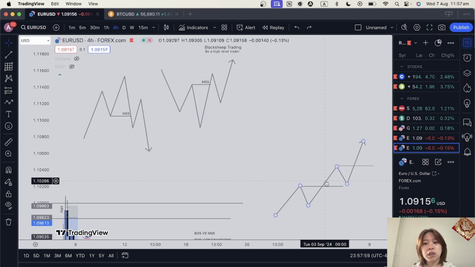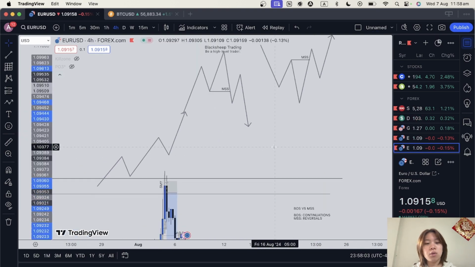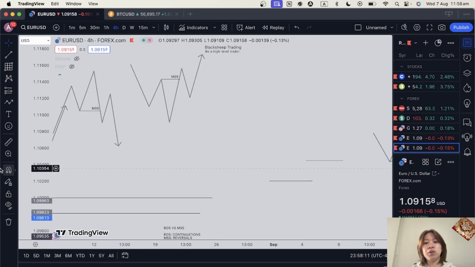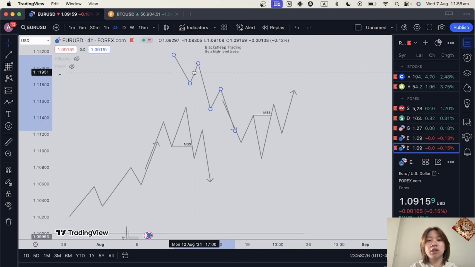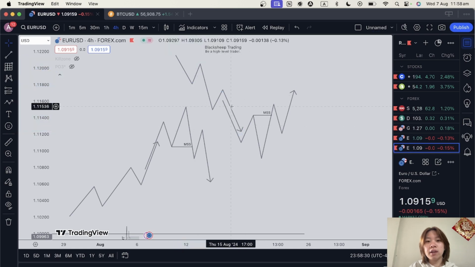So when you're putting the two together, this bit will essentially be here. We get breakup structures, then going to the market structure shift, it goes down. Something like that. And when you put these two together, and similarly when you put the downtrend together, it'll look something like that. And you'll get a downtrend, and then one of your highs will get taken.